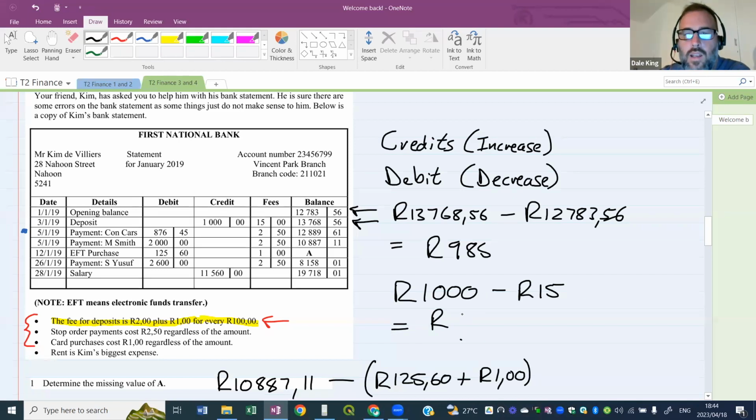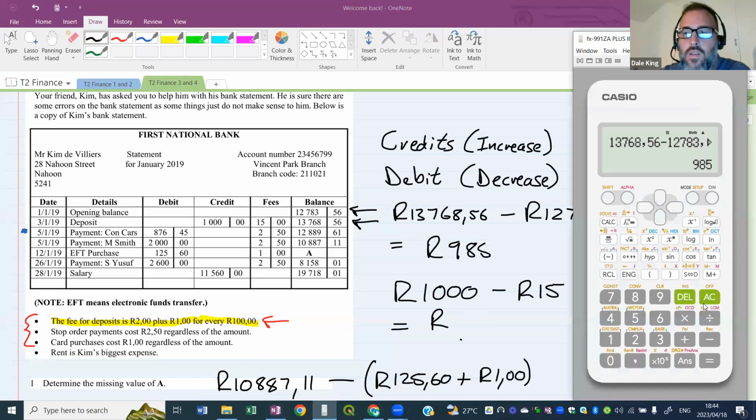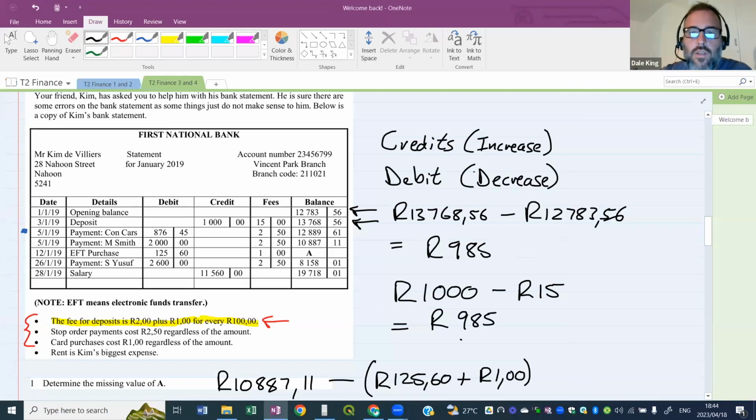So let's see what it is. 1,000 minus 15 is also 985. So what's happened is the bank balance change is 985.